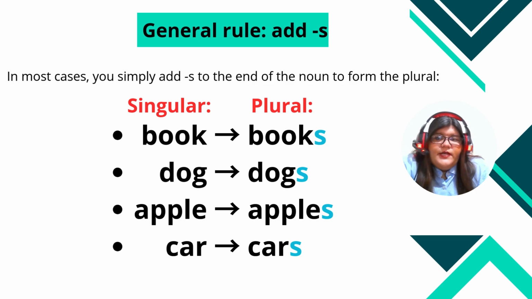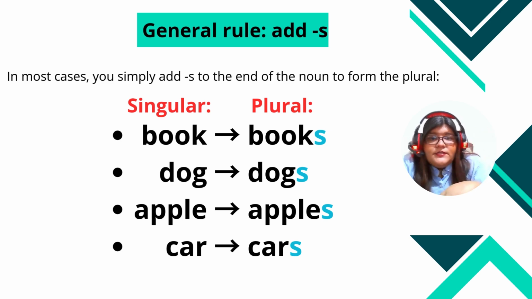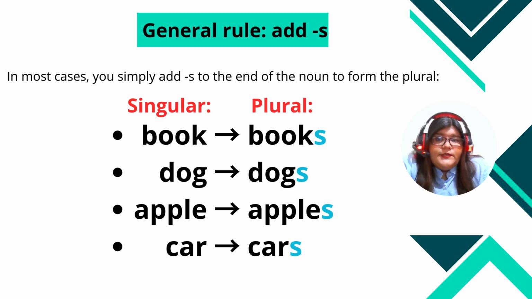For example, here we have singular, right? A book. How many books? Only one. That doesn't need an s. But when we are talking about more than one, for example, two, three, or four, five, and so on books, we will need to put an s at the end, like books.